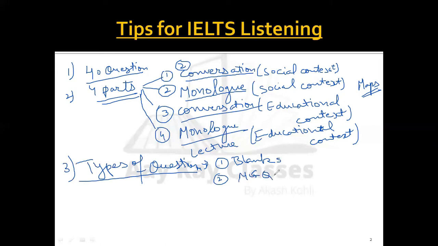In this you need to choose a single option or multiple options, for example 2 or 3 options or more than that sometimes. So here you will choose a single option and here you will choose 2 to 3 options. The third one is matching the information. You need to match the information.